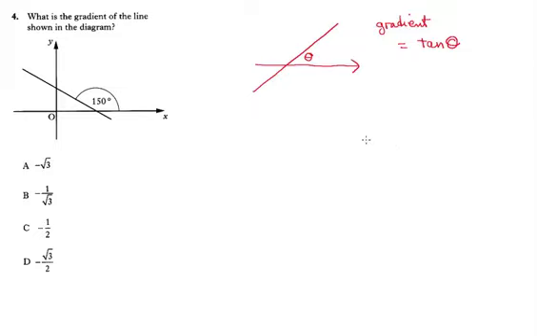It makes sense when you think of a right angle triangle where the tangent of this angle is opposite over adjacent. Distance up divided by distance along is the gradient of that line. So it does make sense that the gradient is that tangent.